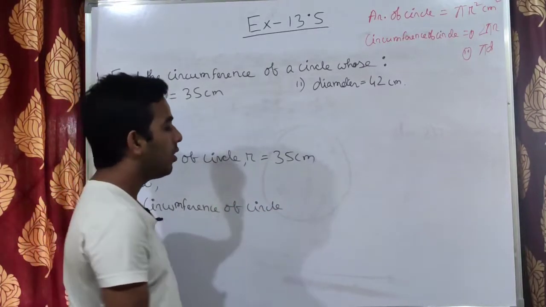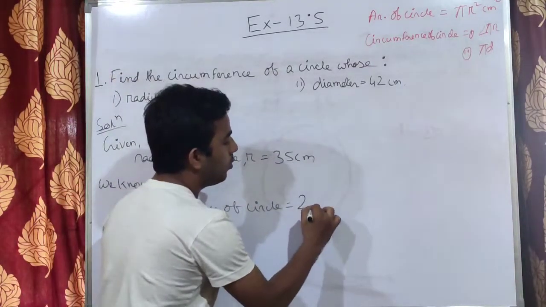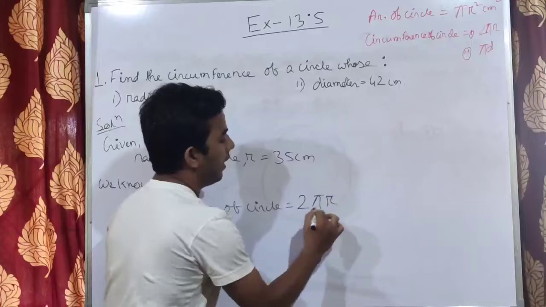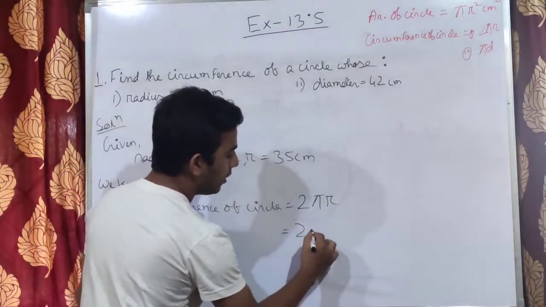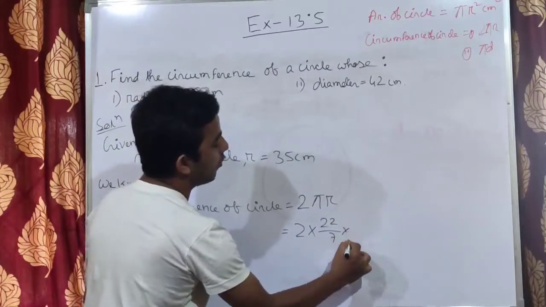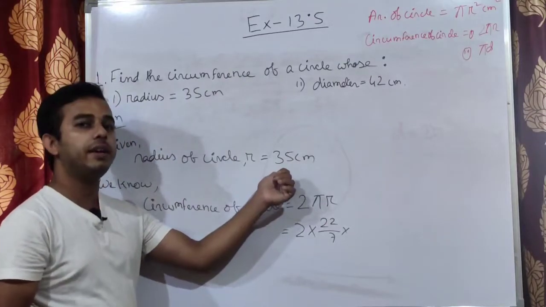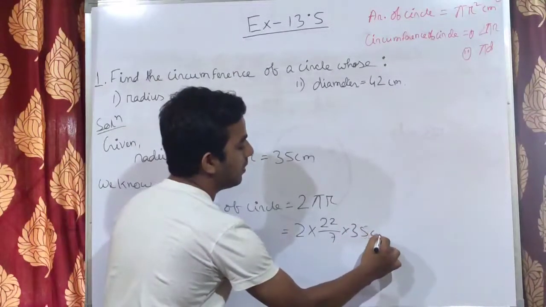Circumference of circle is what? When a radius is given, it is 2 pi r. So in place of 2 we will write 2, in place of pi we will write 22 by 7, and in place of r, that is radius, we will write 35 centimeter, right?